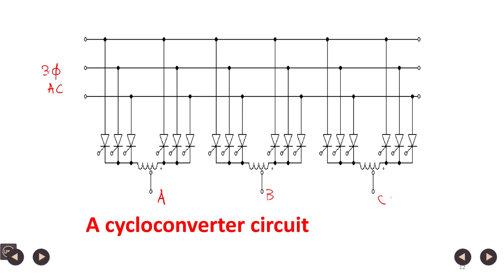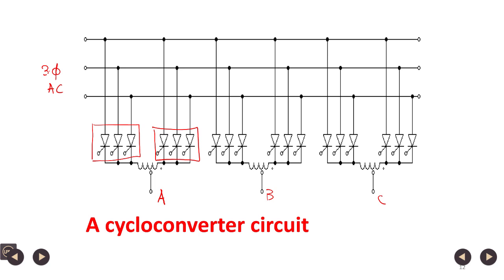So for each phase there is a positive group and a negative group. Positive group provides the positive output voltage and negative group provides the negative output voltage. For example, for phase A, this is the positive group thyristor and this is the negative group thyristor.